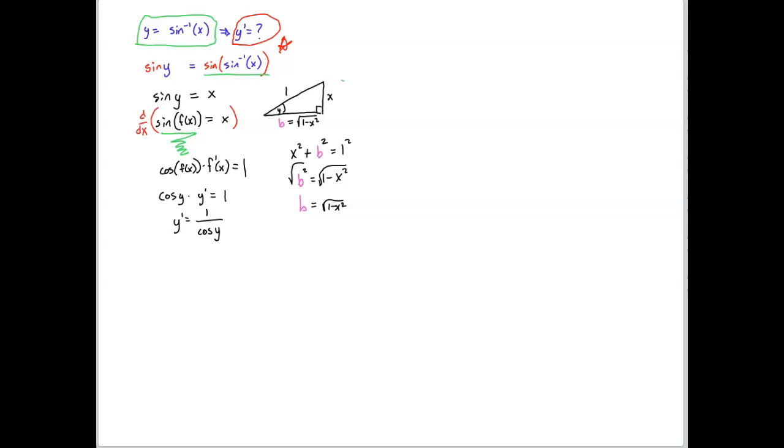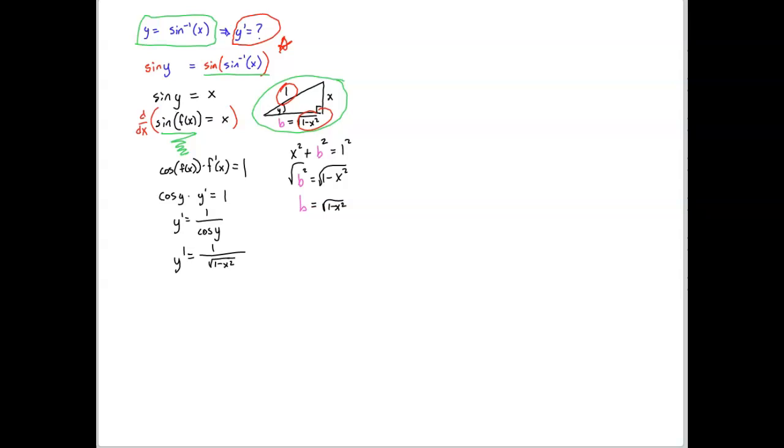And that's where our triangle comes in. 1 over cosine y. Cosine is adjacent over hypotenuse, right? Well, the adjacent to y is just the rad 1 minus x squared. So I have y prime equals 1 over rad 1 minus x squared, because adjacent over hypotenuse would just still give me root 1 minus x squared over 1, which is just root 1 minus x squared.